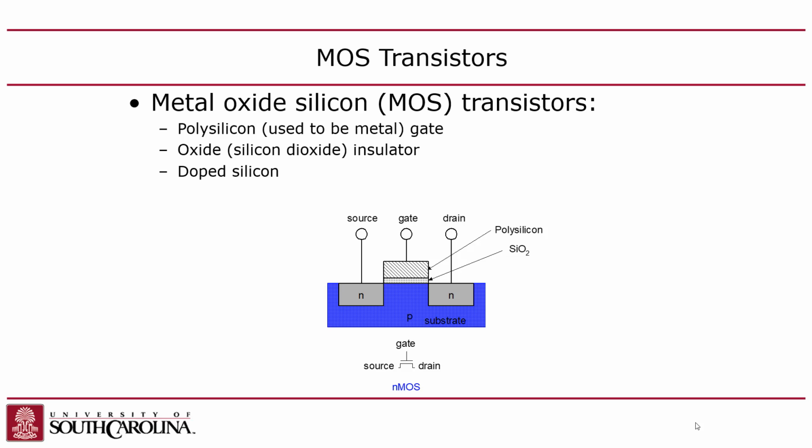This is a cutaway view, like looking at a sandwich. You cut the sandwich in half and then you look at the side of the sandwich, right? This is a cross-sectional view. What's happening here is you have a P-type silicon and then you have two islands of N-type silicon that are close to one another. And they're separated by a little bit of space.